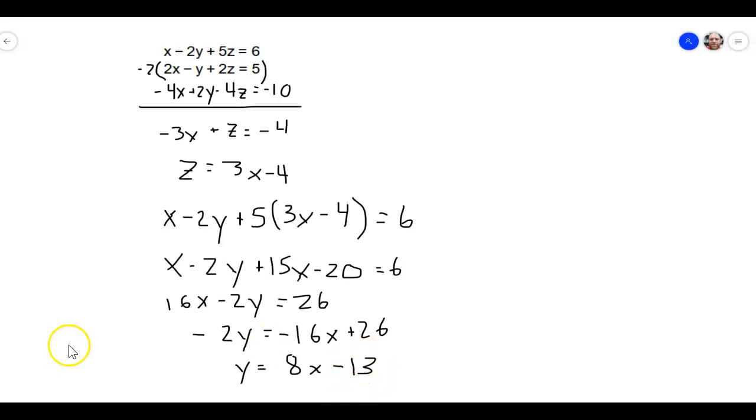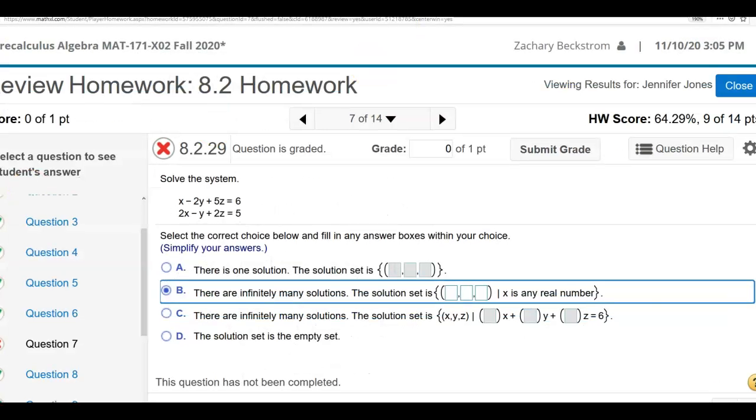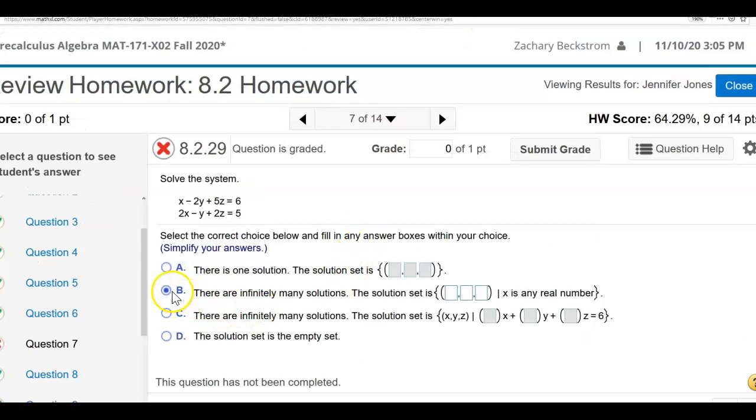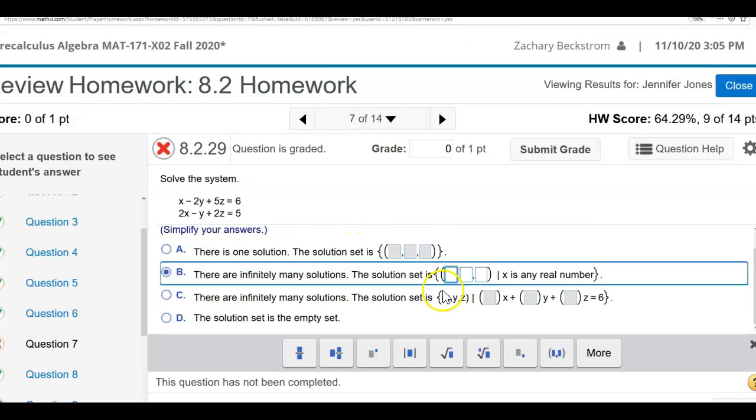And there you go. So this is what my solution set is going to look like when I put it in here. Let me put it back up here. I'm going to put it in B. So the solution set is x.